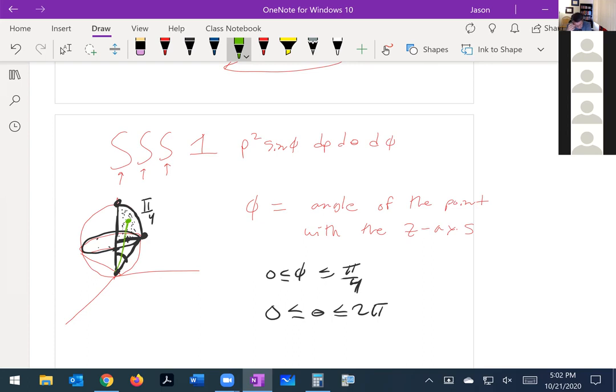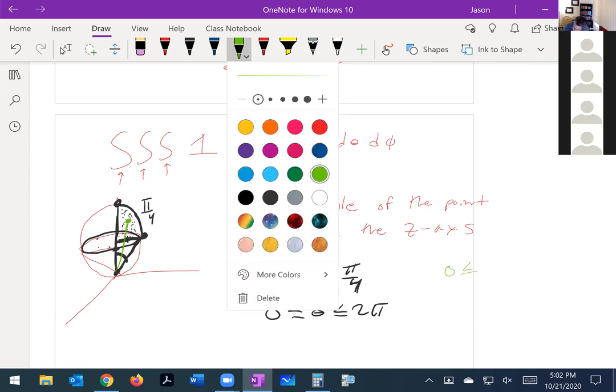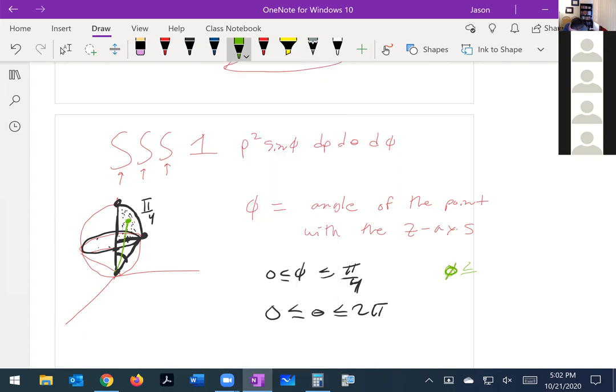Well, let's look at the equation here. Yeah, rho's kind of a beast. Rho is going to go from 0 to something. It's going to be a function of phi.